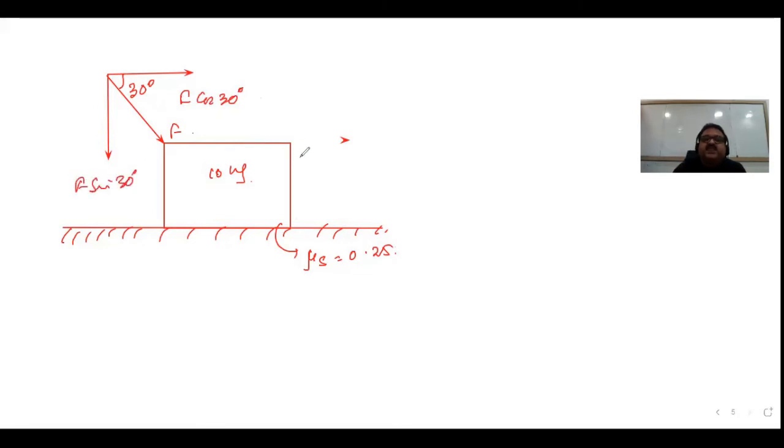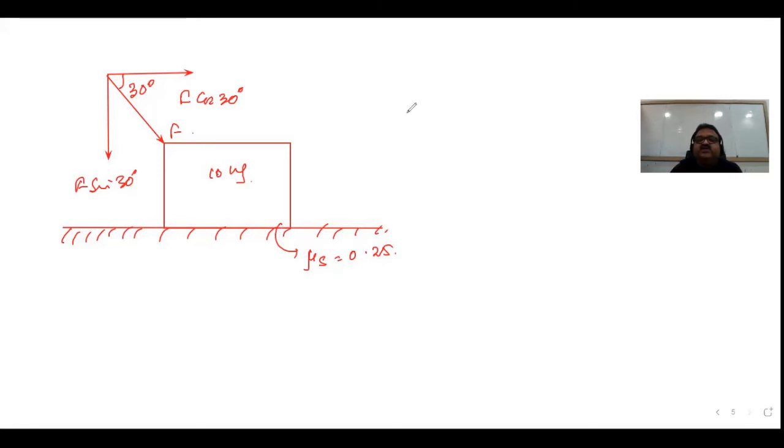Now look at this. In this case, it is given, you need to find out the value of F for which the body just begins to slide. Correct? That means it is beginning to slide. That means it is not still accelerating. Correct? That means look at this very, very carefully. F cos 30 is acting along this direction. F sin 30 is acting along this direction.